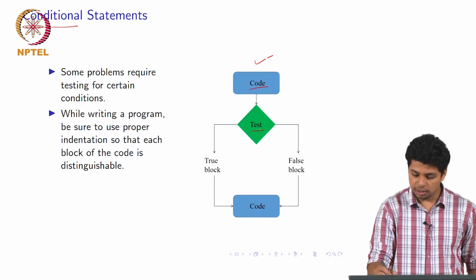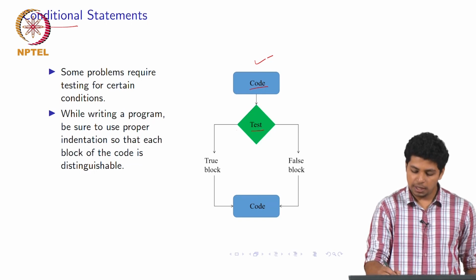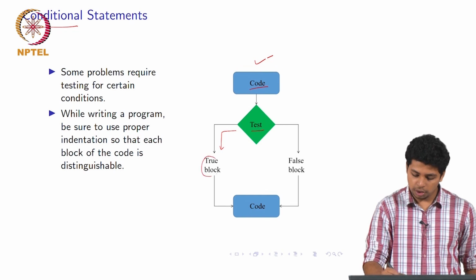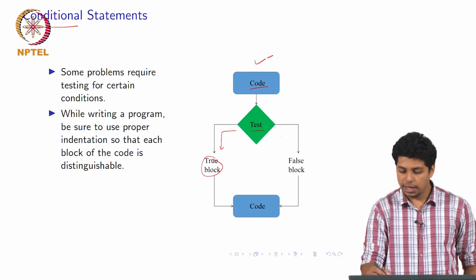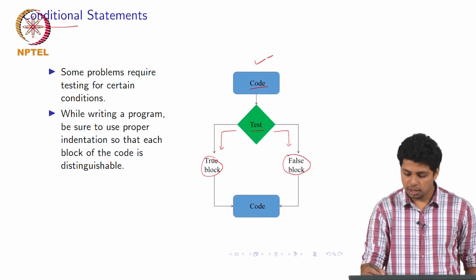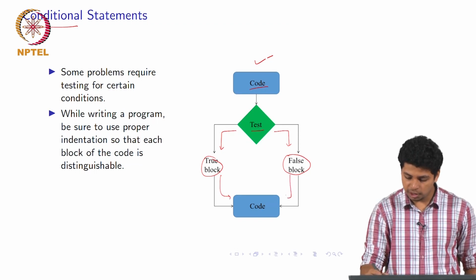This block is where a condition will be tested. You can specify the condition. If the condition is satisfied, then a set of code is executed which we call the true block. If the test is false, then it will execute a second block of statements which we call the false block. And both true and false blocks, after their execution, will again return back to whatever code we want.